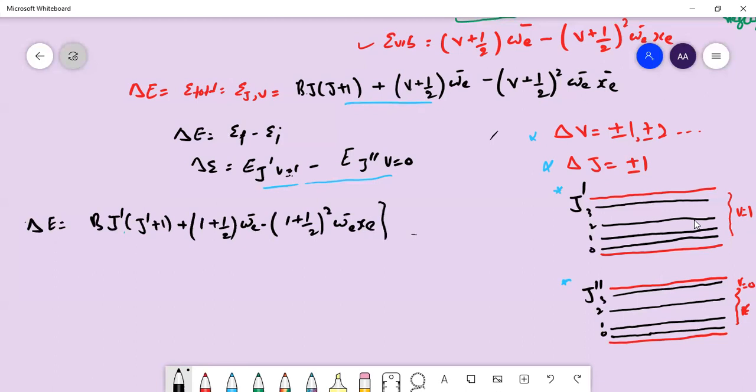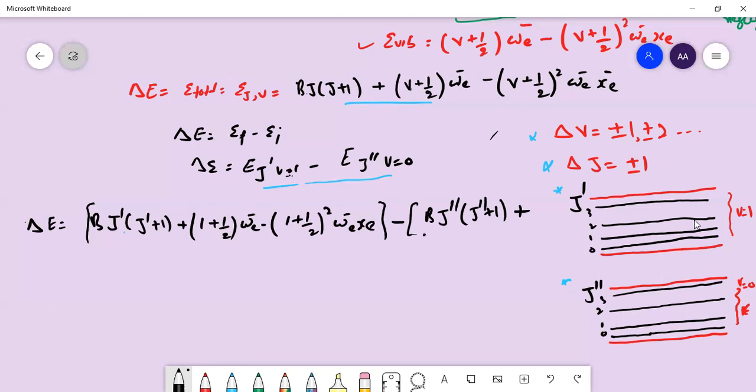We have to subtract this from our ground state, that is V is equal to 0. So I subtract B J double dash into J double dash plus 1, the lower energy level, plus again substituting V is equal to 0, because we are going from the ground state to the first vibrational state.